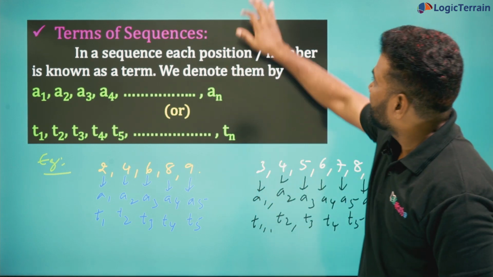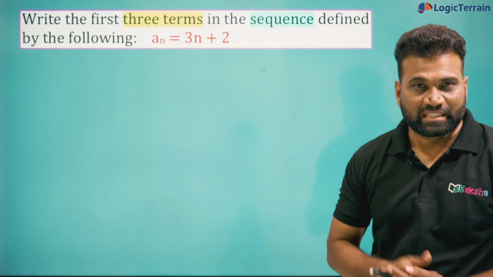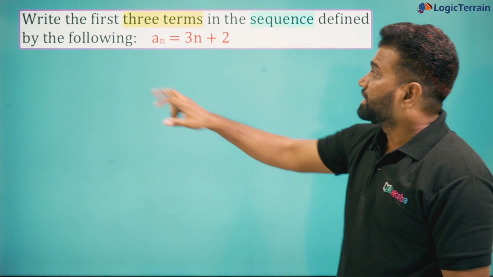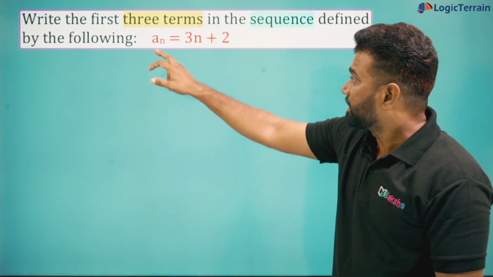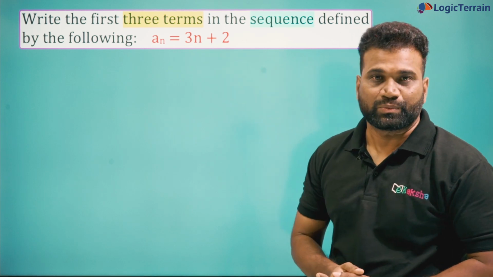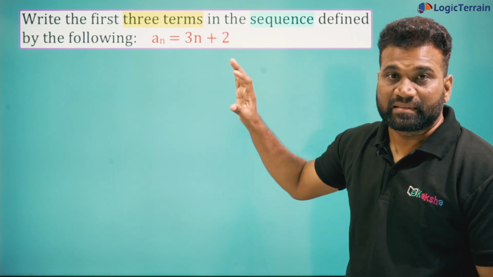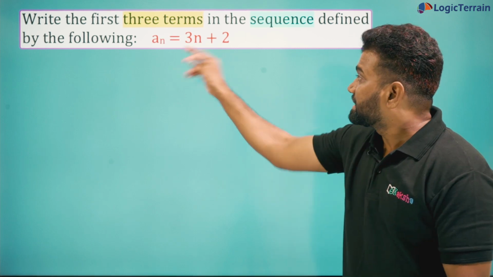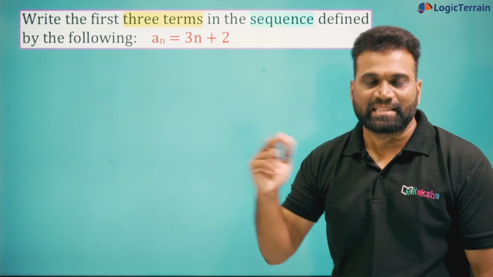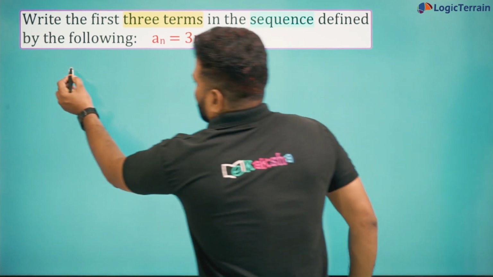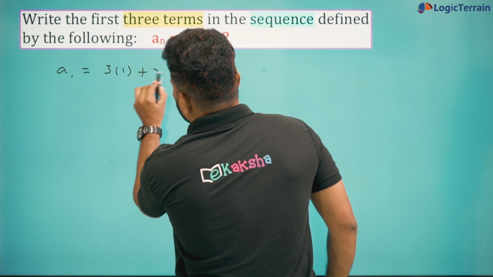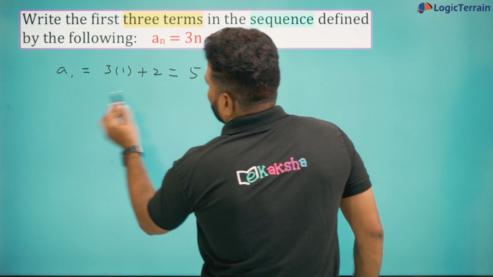Now let's see some example questions based on terms of sequence. Write the first three terms in the sequence defined by the following algebraic expression. Here an is equal to 3n plus 2. So this represents a sequence. In this sequence we need to write the first three terms. For that we need to replace n as 1, 2 and 3. So a1 is equal to 3 times 1 plus 2, that is 5.